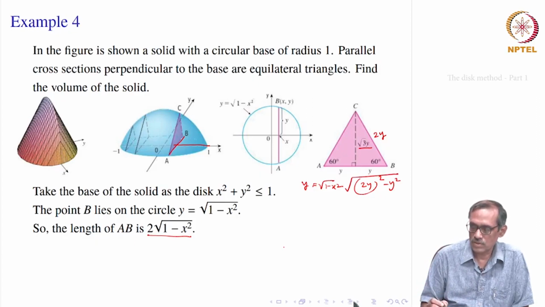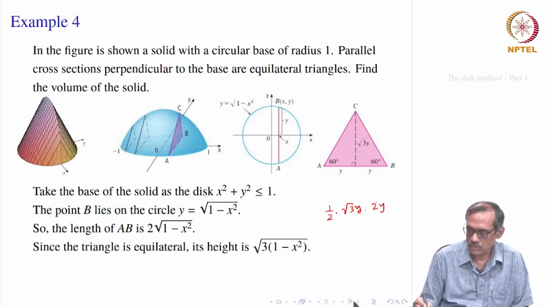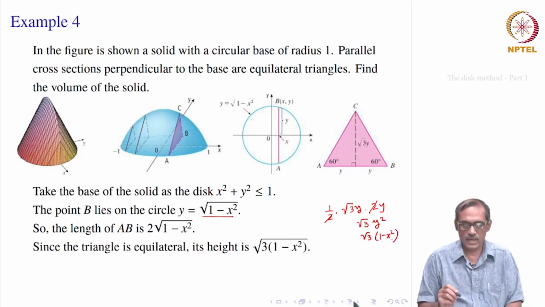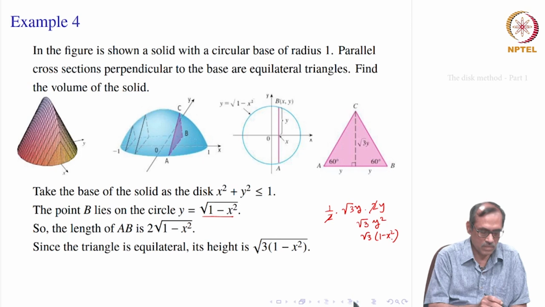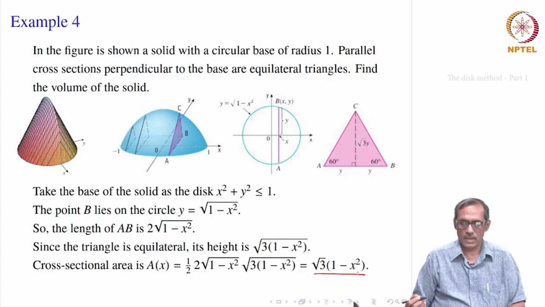So, the perpendicular is root 3 times y, hence the area of triangle ABC is half root 3 y into 2 y. The 2 gets cancelled, we get root 3 times y square, and y equal to square root of 1 minus x square. So, the area is root 3 times 1 minus x square, fine.